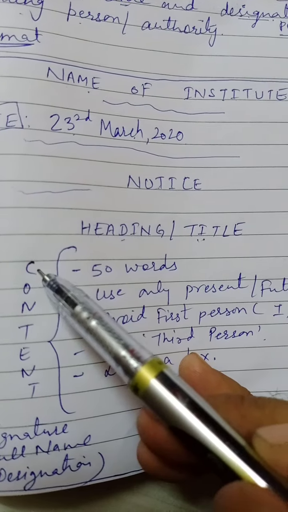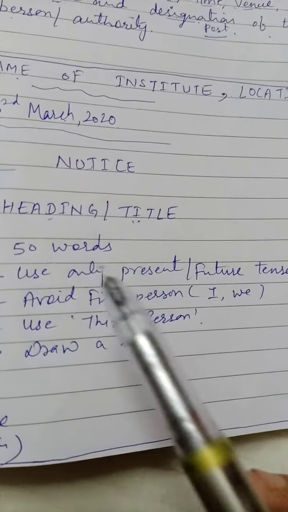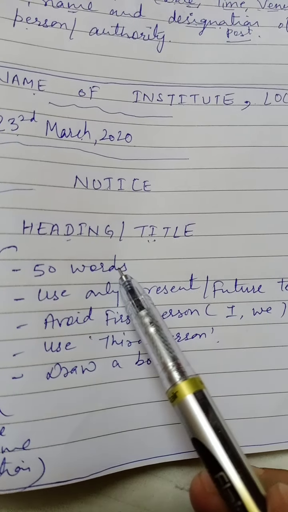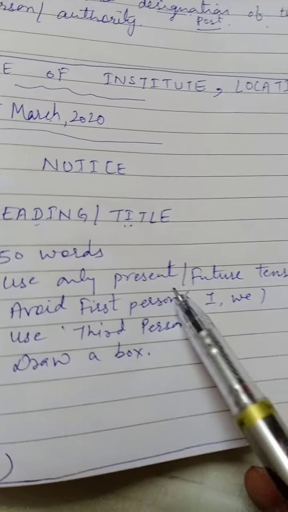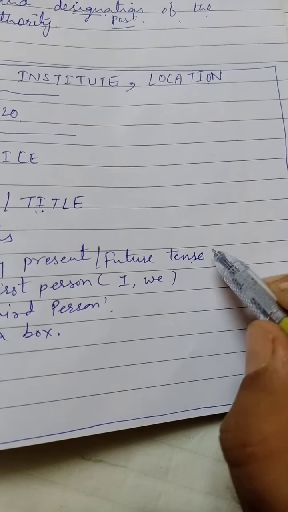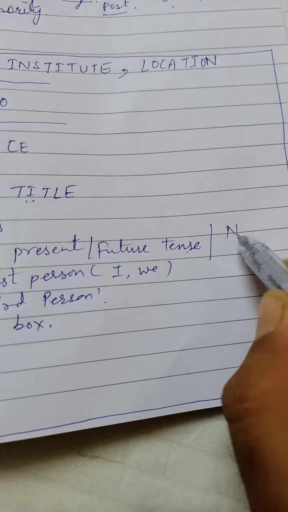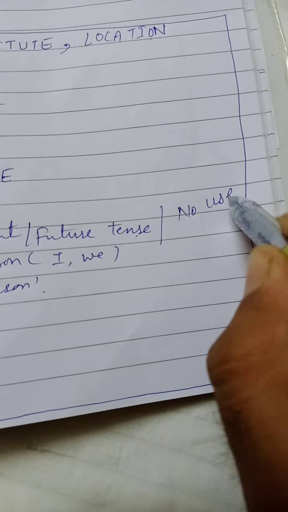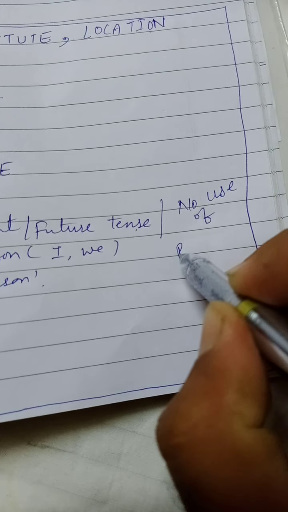Like in content, what do we include? First one is word limit. Word limit is 50 words. Then use only present or future tense. No use of past tense.